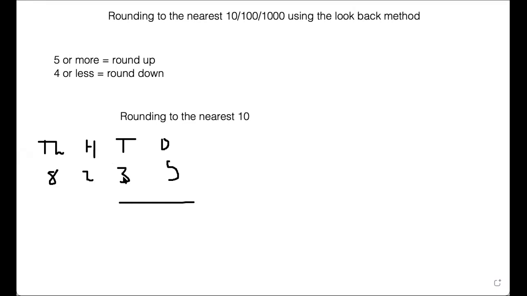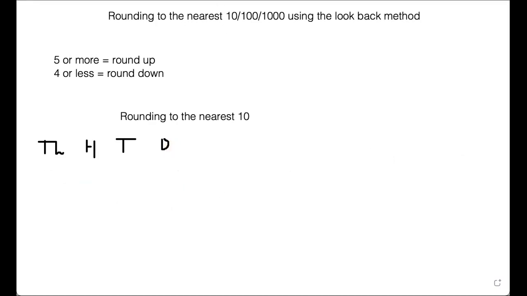Start in your tens. Look back. 5 or more, yes. So 35 will round up to 40. The answer is not just 40, but it is all the numbers after it too, 8,240, and that is rounding to the nearest 10 using the look back method.